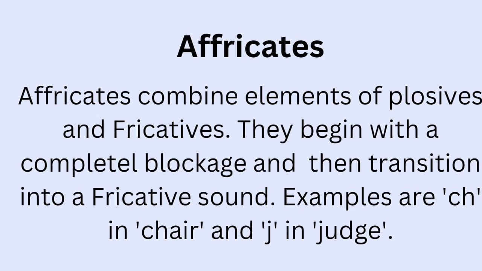So at first, the airflow is completely blocked, but when the air is coming out from the mouth, there is friction because the air is just managing to get out through a narrow space. Examples are the CH in the word chair and the j in the word judge.